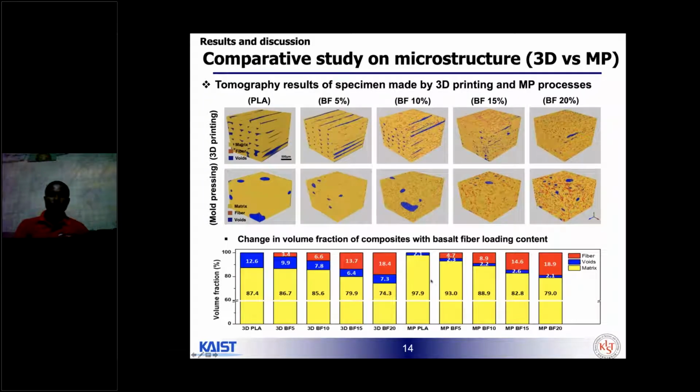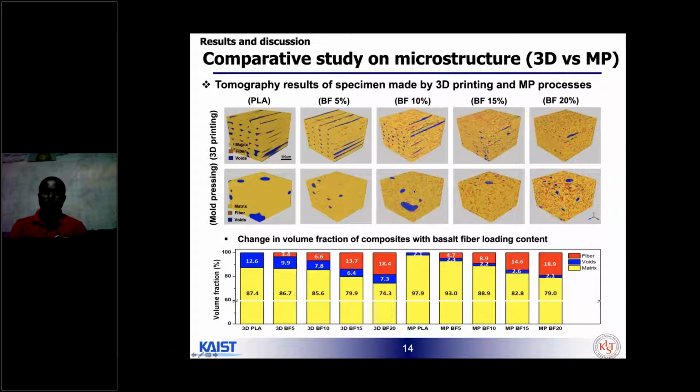This slide shows microscale tomographic research in both 3D printing and mold pressing. The effect of fiber loading content on internal microstructure, including fiber orientation and void distribution of the 3D printed samples, was comprehensively compared with that of the mold process samples.